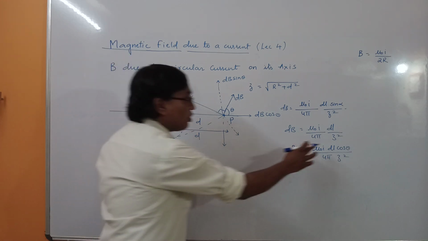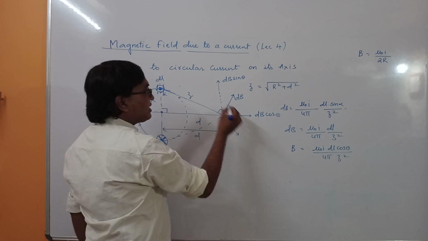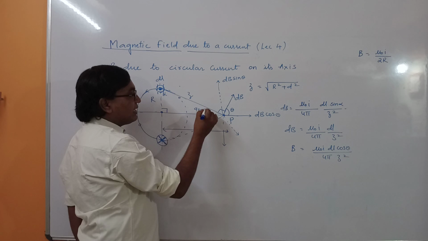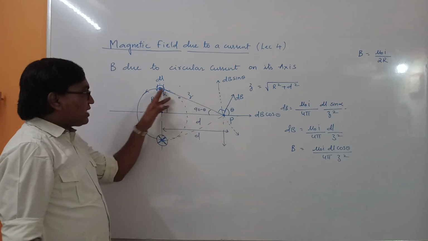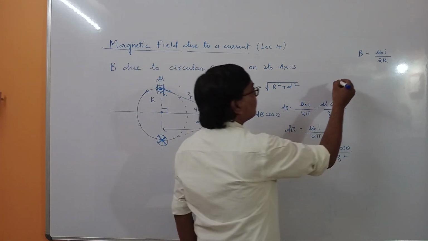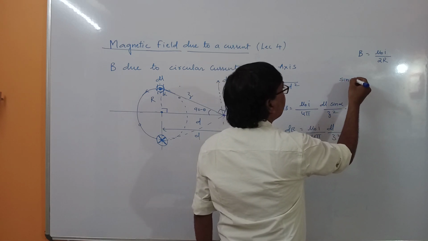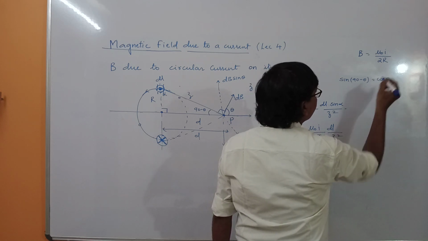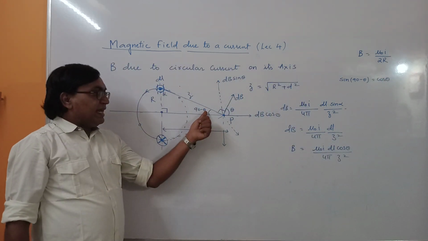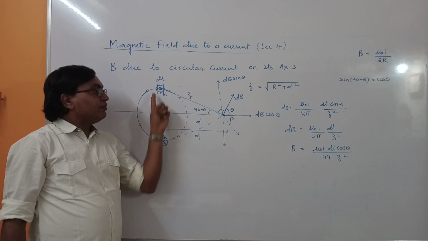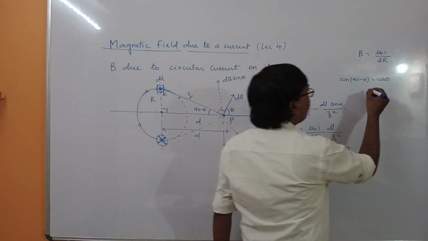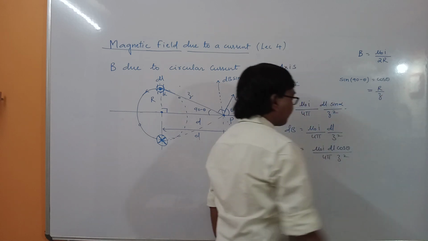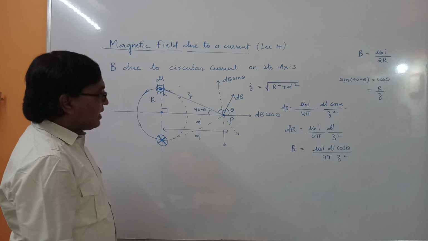Now we have to find out cos theta. So see here, this is theta, this is 90 degrees, so this will be 90 minus theta. So from this triangle we will get sin of 90 minus theta is equal to cos theta. So sin of 90 minus theta, opposite side by hypotenuse, will be equal to R upon Z. Now we will put it in this equation.